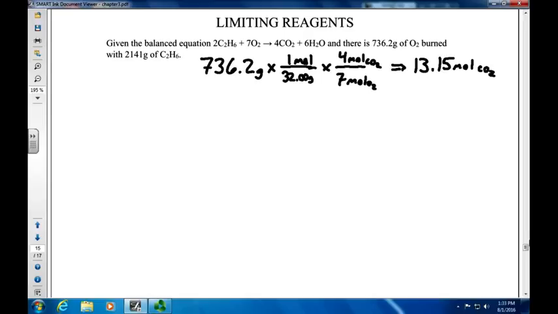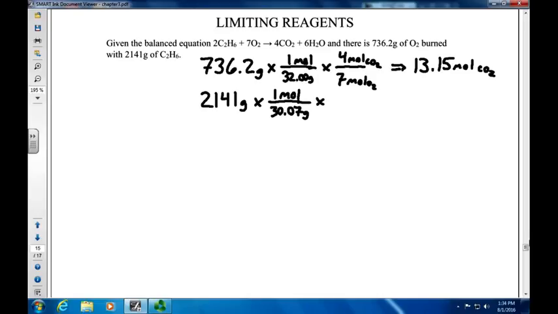Let's do the same thing with ethane. So we're given 2,141 grams of ethane, and then we're going to divide it by its molar mass, which is the same as multiplying it by 1 mole over its gram equivalent for the molecular mass. So in this case, it's 30.07 grams. Again, assuming you can go ahead and do the addition and multiplication to get the molecular mass.